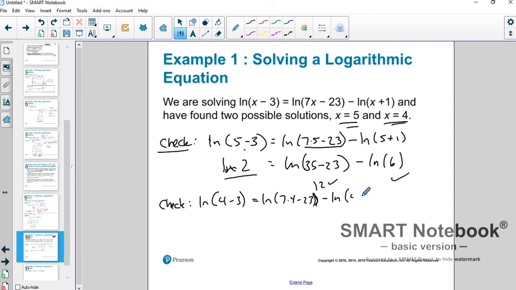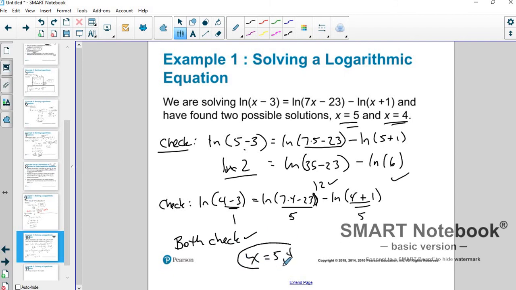Minus natural log of 4 plus 1. This is 1, totally fine. This is 28 minus 3, which is 5, totally fine. This is 5, totally fine. So both check. So my answer is x equals 5 and 4, both. Certainly a possibility to have more than one answer.